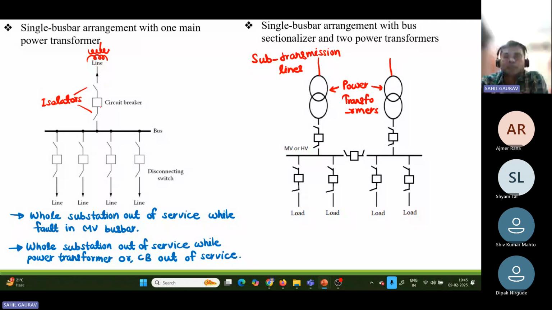Reliability in outdoor substation is lower because it is more prone to faults, while reliability is higher in indoor substation.